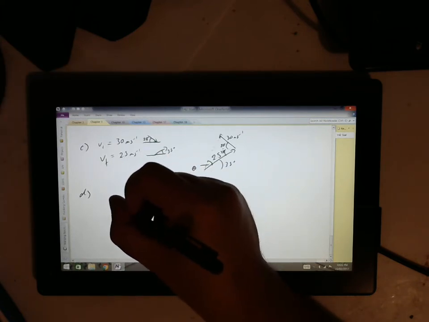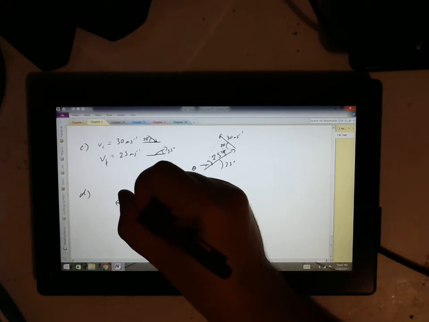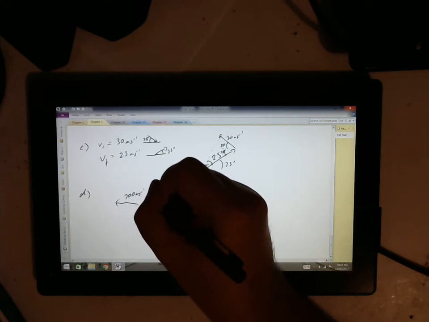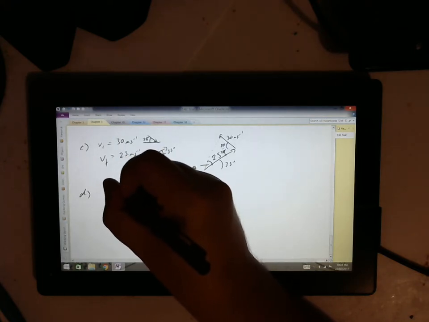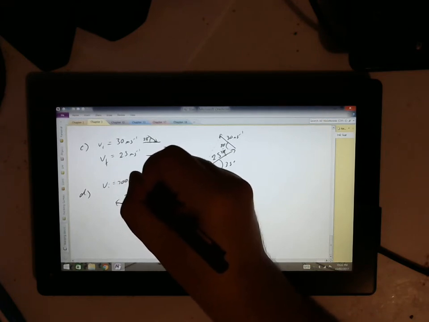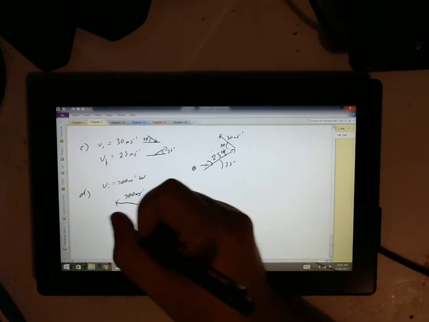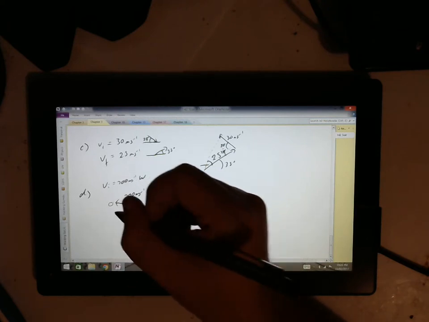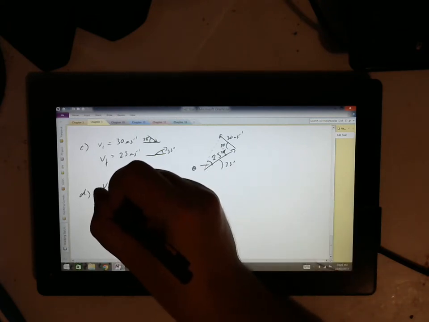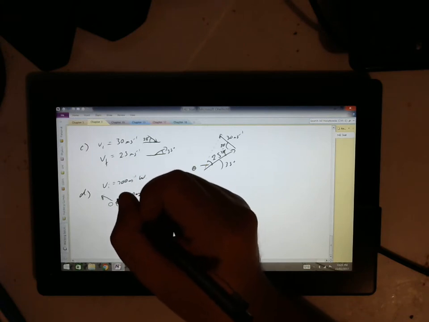So we started off at 700 meters per second to the west, so that means our vector initial equals 700 meters per second west, and then it struck this armor, let's just draw it as a circle, and then bounces off that way with 20% less speed.